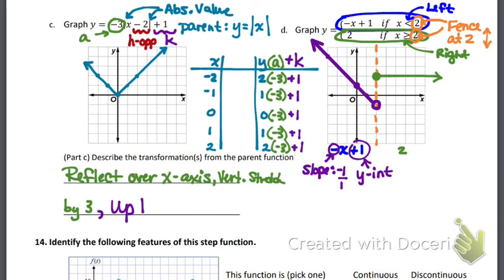I see the opposite of H. I see minus 2, which means H is actually what? 2. H is 2. So I'm going to take H. That's going to shift it to the right 2. Will that affect my x's or my y's? X's. I'm going to add 2 to each of these. All right.